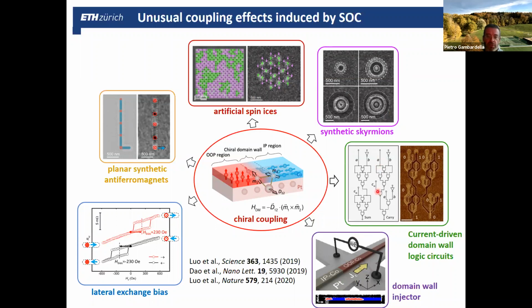And one can exploit these effects in combination with spin-orbit torques to create domain wall circuits and manipulate domain walls in a way that you can actually achieve the inversion of domain walls or construct majority spin gates that allow one to perform logic operations with domain walls.